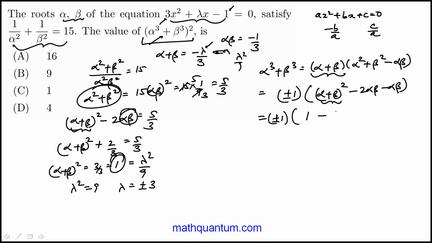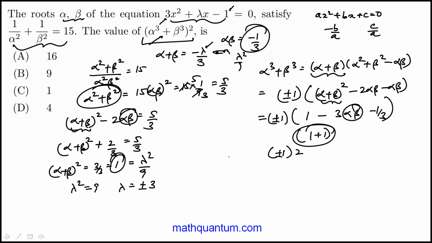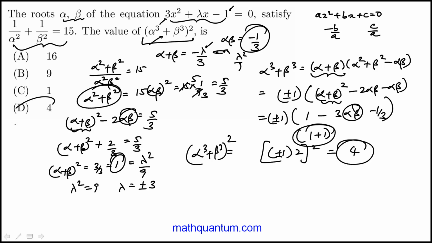So 1 minus 3 alpha beta, and alpha beta is minus 1/3. So this is going to become 1 plus 1. So that becomes 2. We have this plus or minus 1 outside, but you'll note that they're asking for the square of that. So we square this, that would be 4, and that's answer choice D.